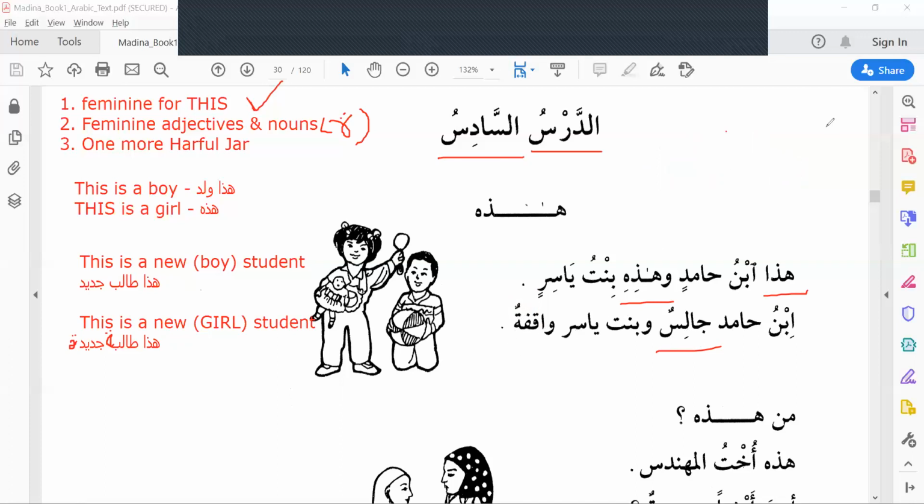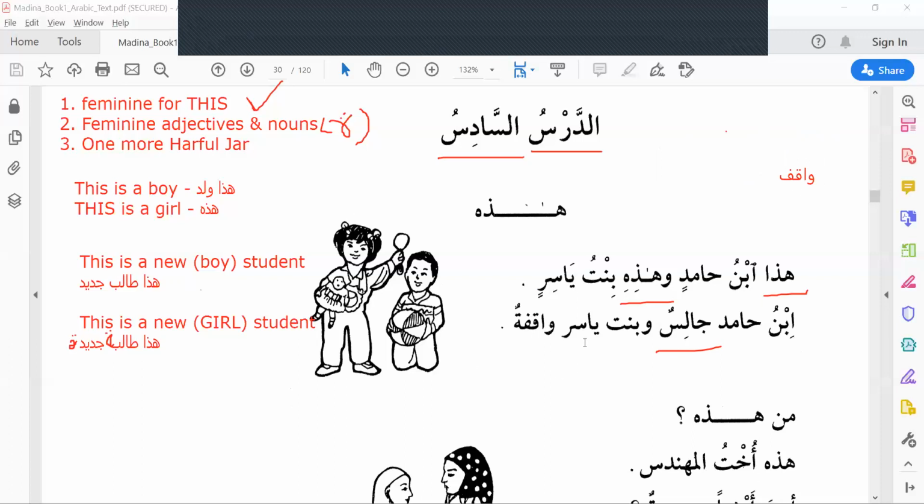We have already learned waqifun means standing, but this is the masculine format.